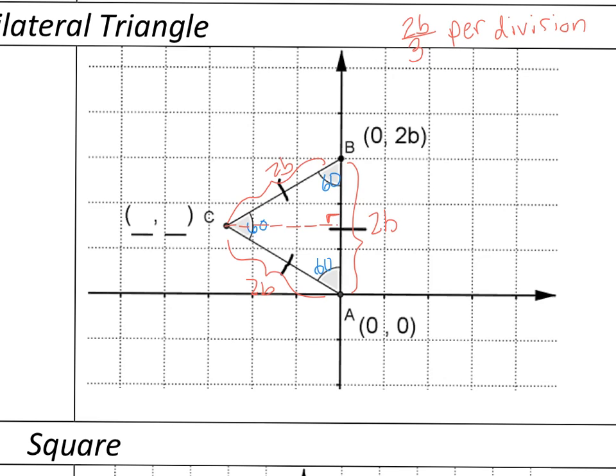And when I do so, I'm dividing that segment BA into 2 equal halves, because this particular point that the altitude hits is the midpoint. I'm going to draw that. That's the midpoint. Okay, so 2b divided in half. What is 2b divided in half? 2b divided in half is going to equal b. So this location right here on the y-axis is b.